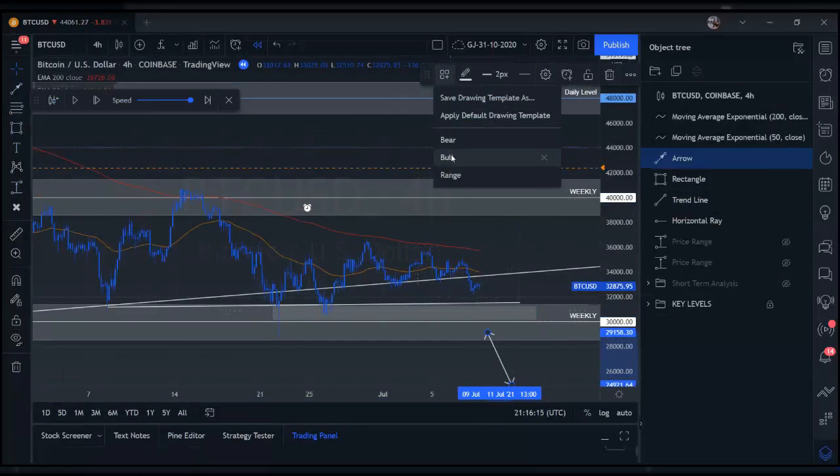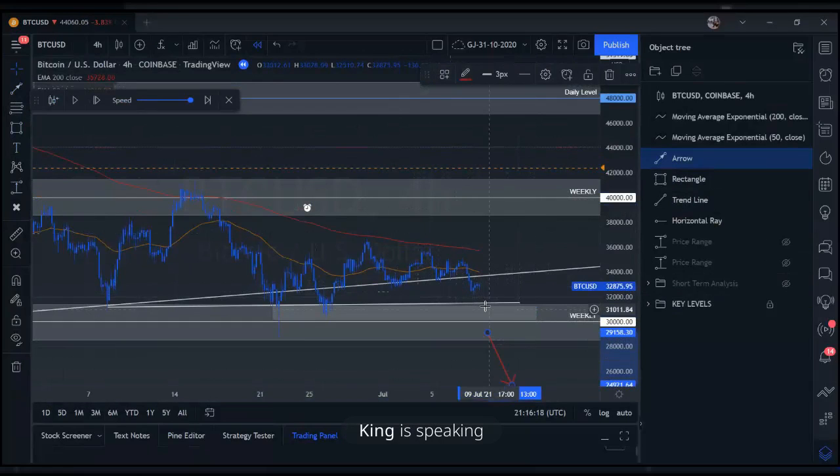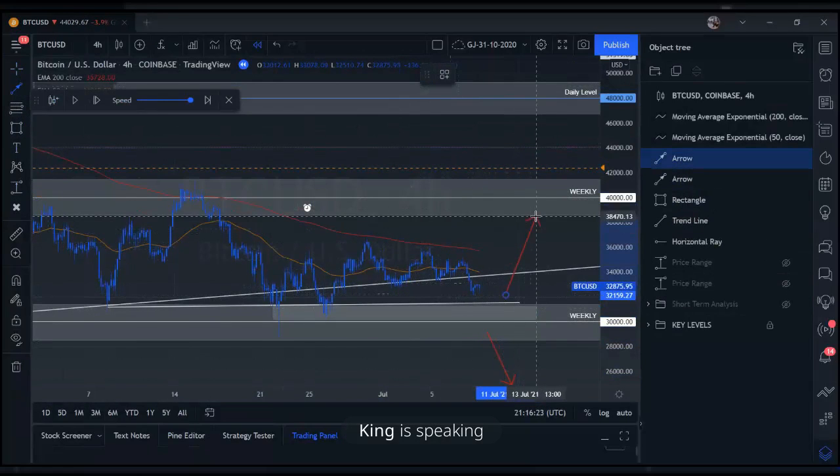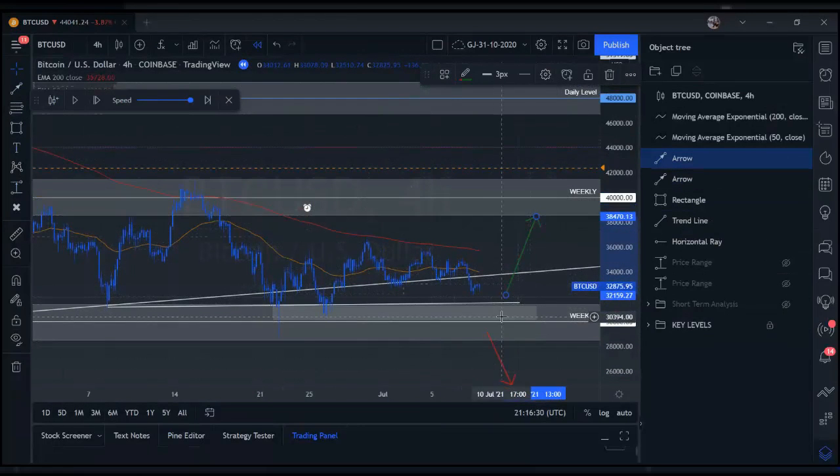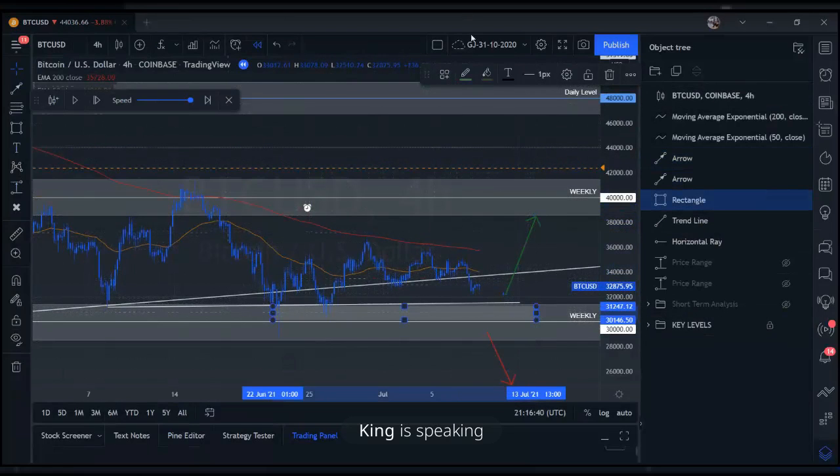And if they hold, then we want to start thinking about buying. If these hold, let me just give this a different color. Let's make it green. We want to see buys come in somewhere around here. These lows hold here.